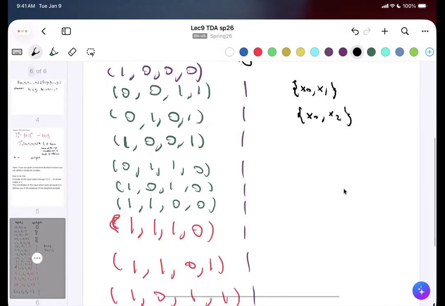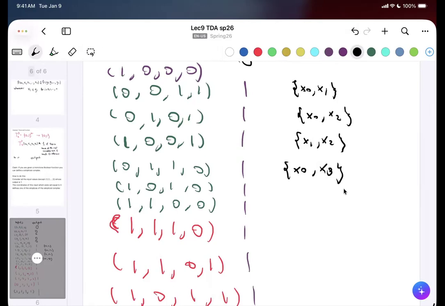Then there's an edge x1, x2, right? Then there's an edge x0, x3, the first and the last ones. Is that making sense how I'm identifying them? Again, you just pay attention to which one gives you 0. And then there's an edge x1, x3.